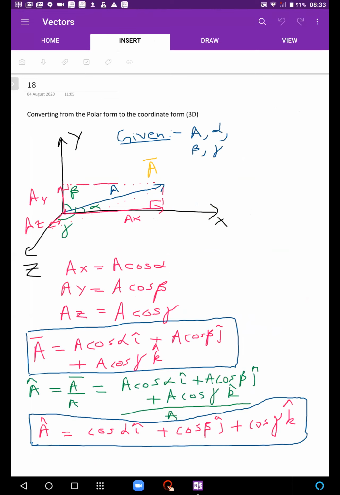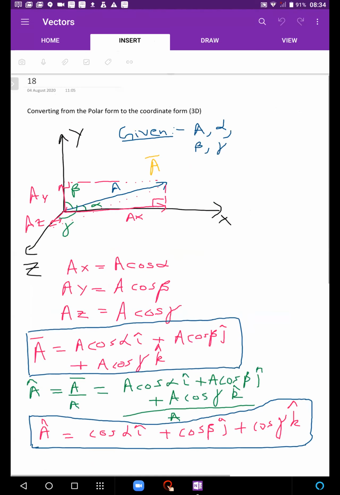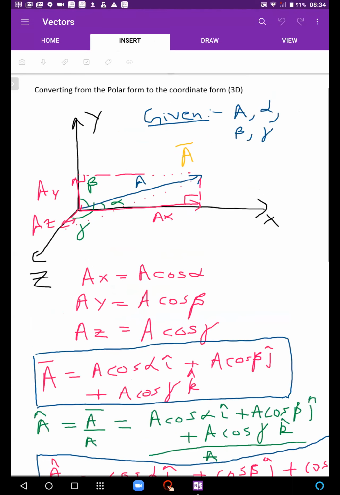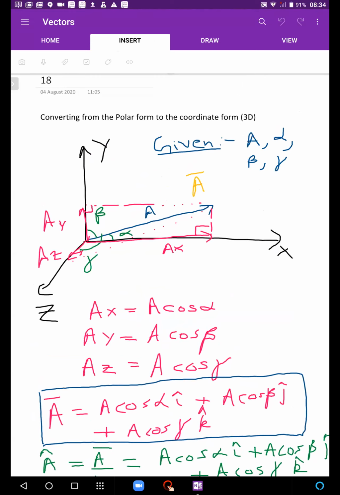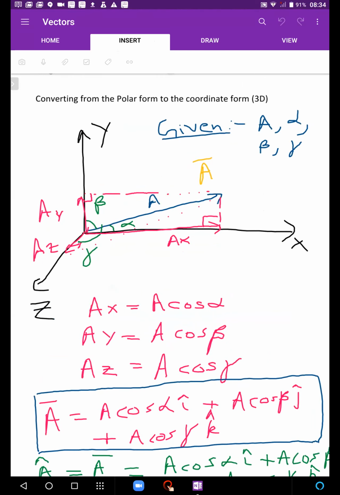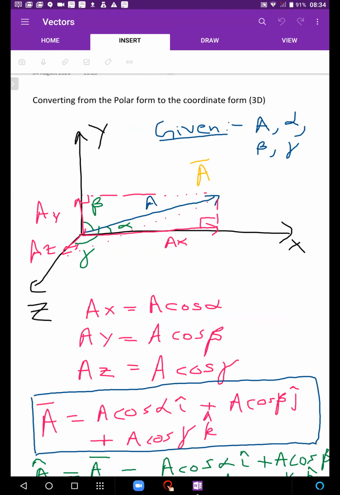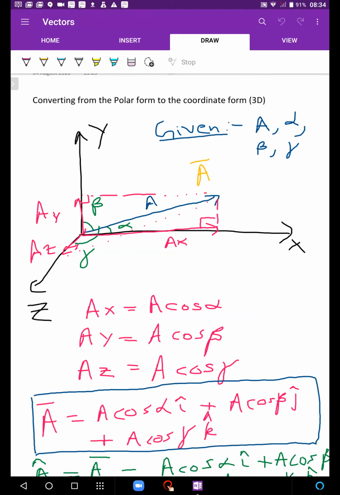If we want to go the other way, okay, let me zoom in first. I think थोड़ा converting from polar form to coordinate form in 3D. The polar form is when I'm giving you magnitude and angles. Remember, polar form when I give you magnitude and angles. अब rectangle के जब 2D होता था, तो it was always enough to give you angle with one line.